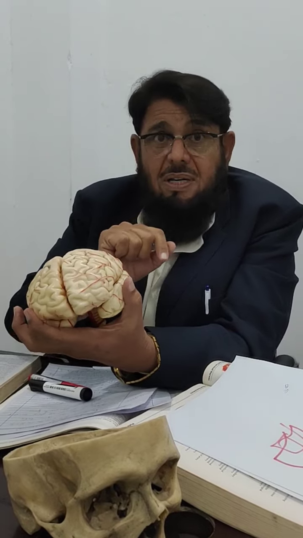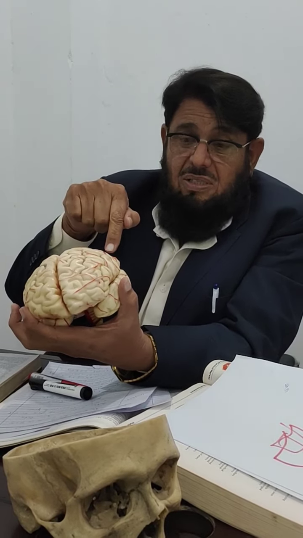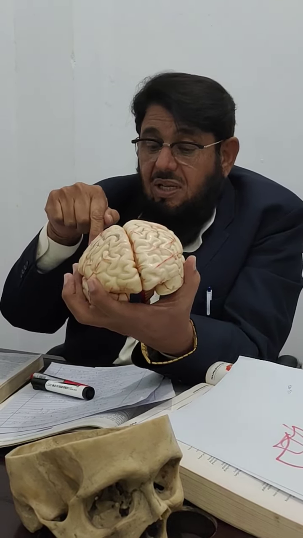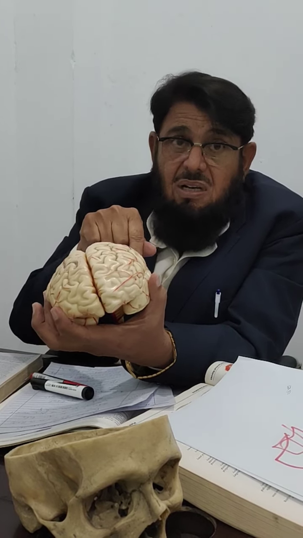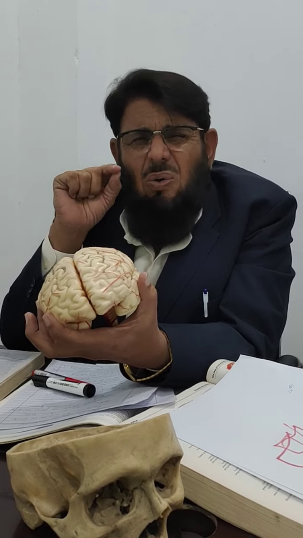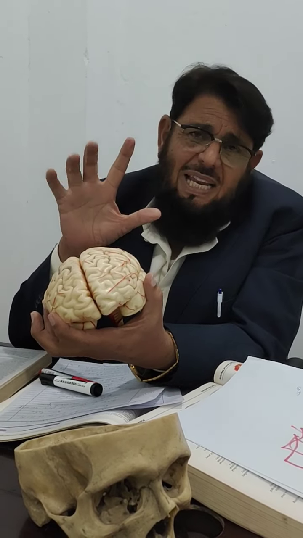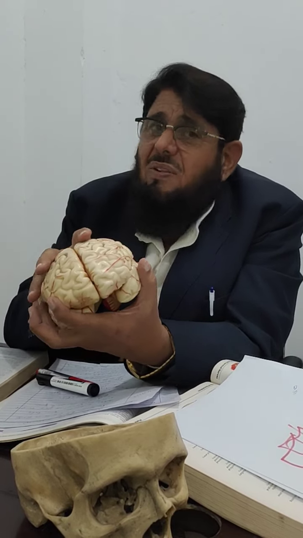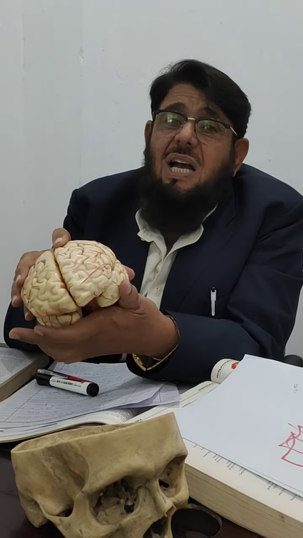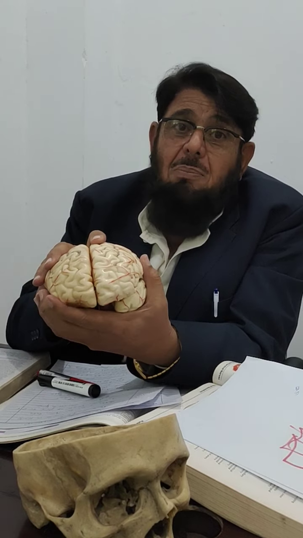But note the point that the deeper perforating arteries, which pass deep into the brain tissue, into the cortical tissue, do not anastomose with one another at the arteriolar level, but only at the capillary level. And this anastomosis is not sufficient to give adequate supply to the area if any of the arteries is blocked.